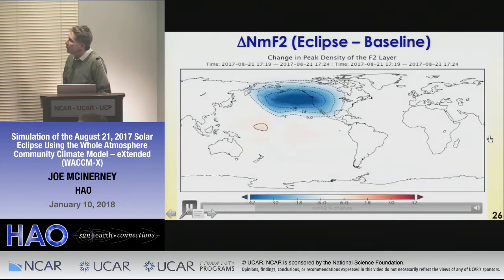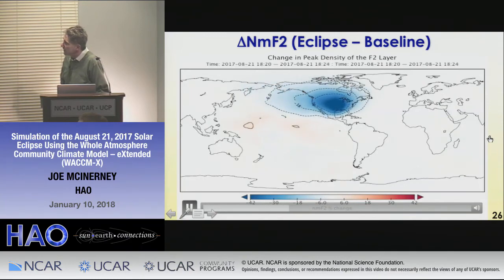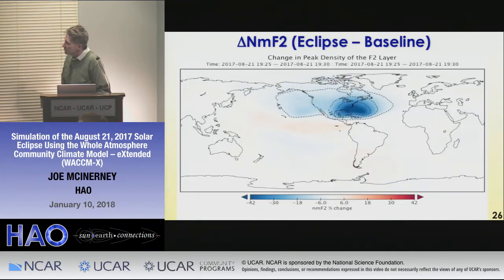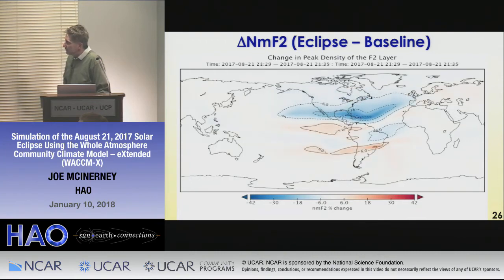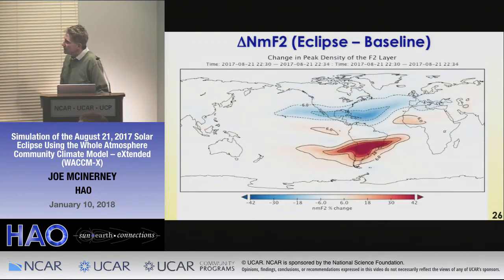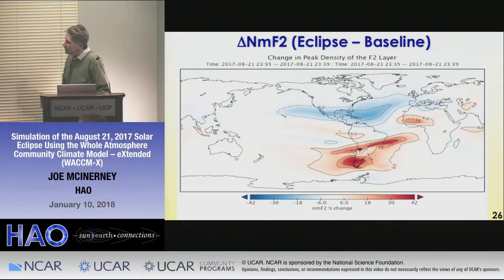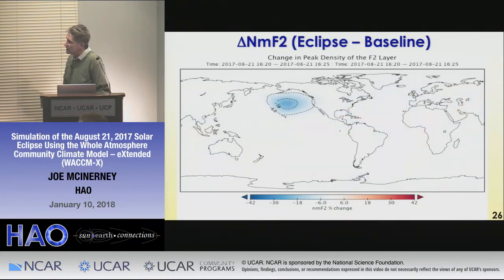You can see the depletion along the eclipse path. You can follow the eclipse pretty easily, but we see things start to happen at lower latitudes, and we see even things happening down into the southern hemisphere. So what we believe is going on here is that as the eclipse passes over the US, we get a temperature decrease.